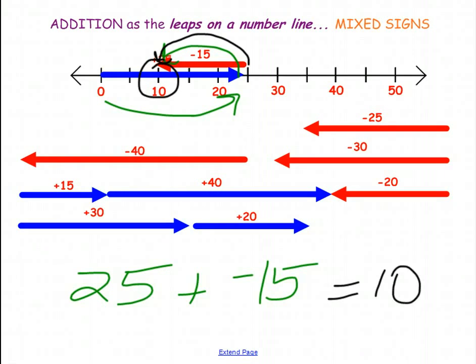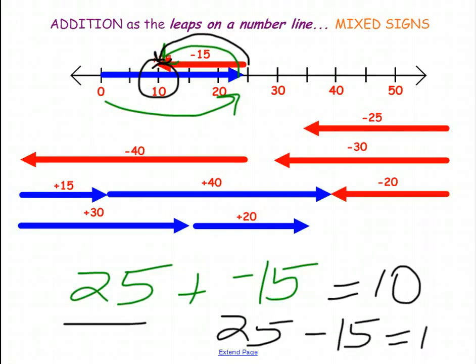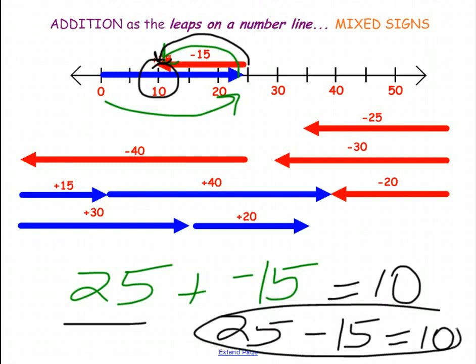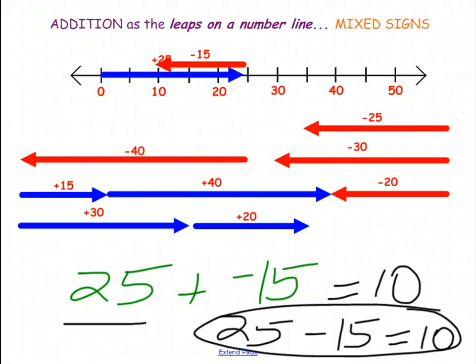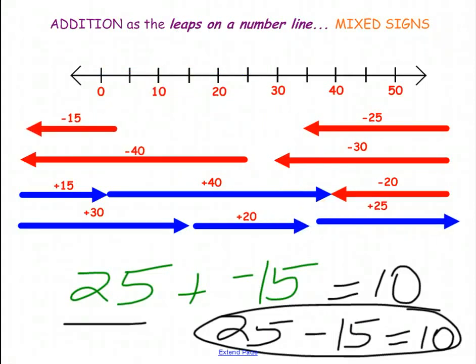So what we've more or less done is we've gone 25 units, and now we've undone 15 of those units. And so 25 plus negative 15 is more or less the same, and in fact it is the same, as 25 minus 15.